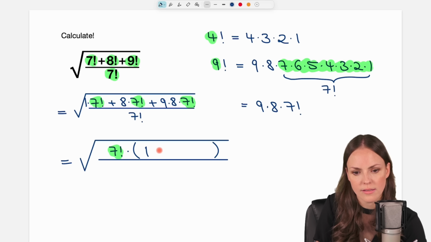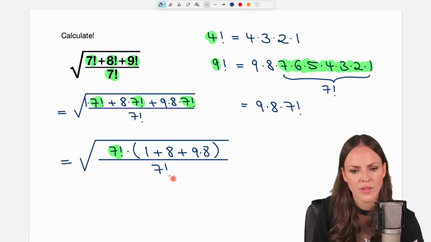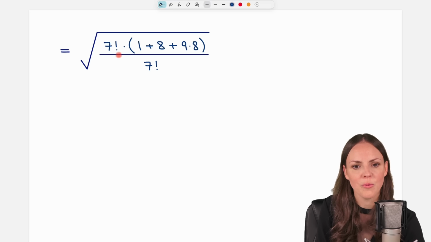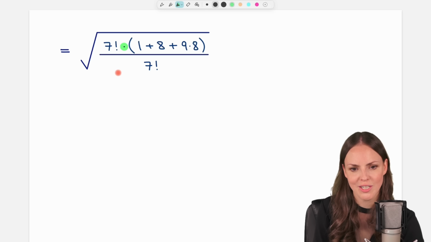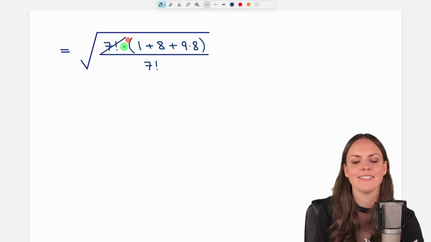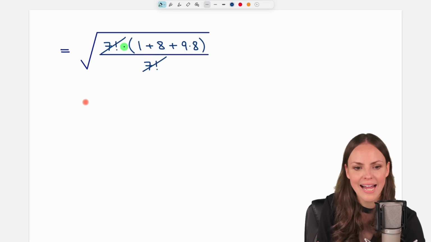Then we have the plus symbol. If we factor out the green 7 factorial here, only the 8 is left. Then the plus symbol. And here, only 9 times 8 is left. And down here, we still have our 7 factorial. Now we have a multiplication, which means we are allowed to cancel the 7 factorial out.